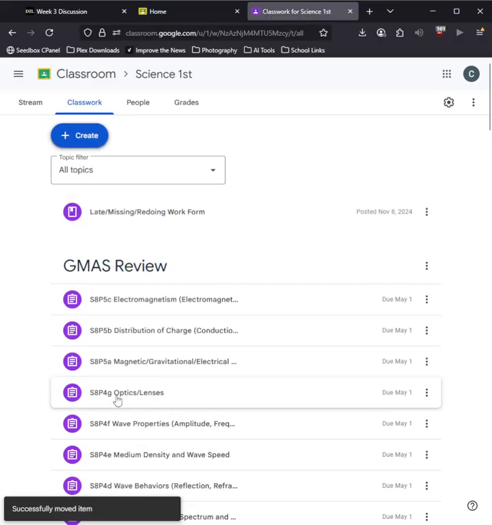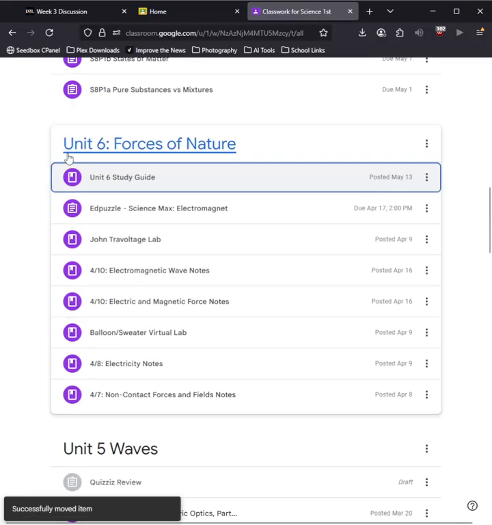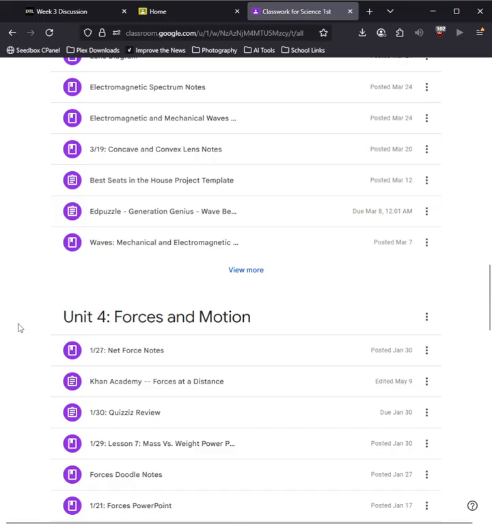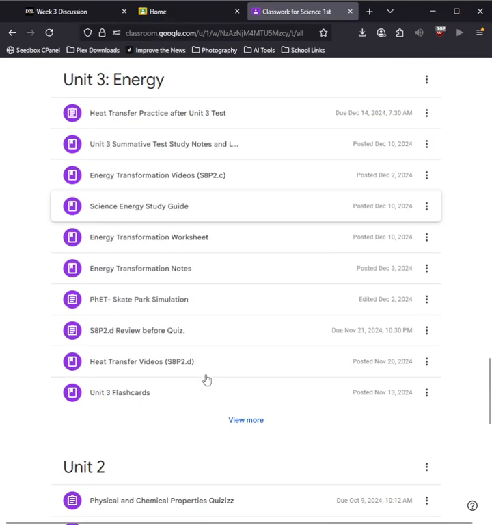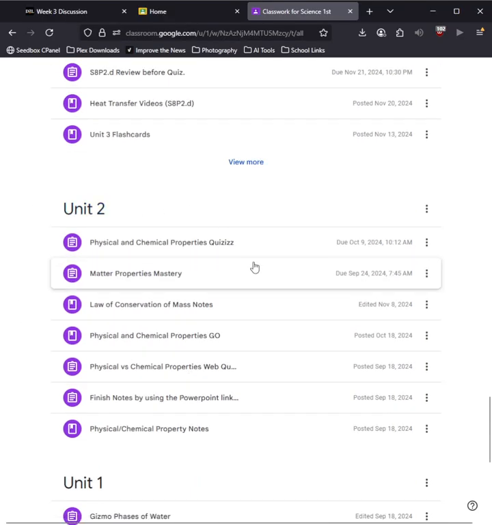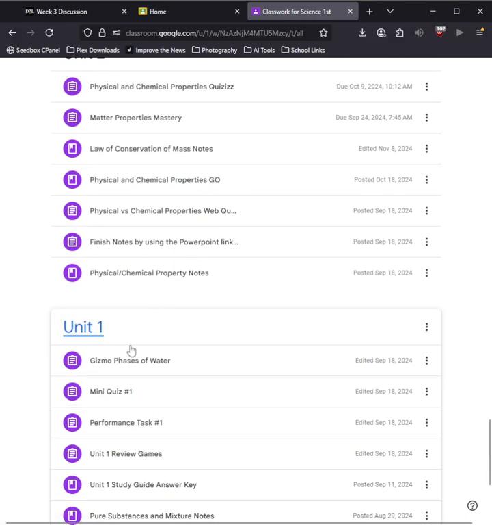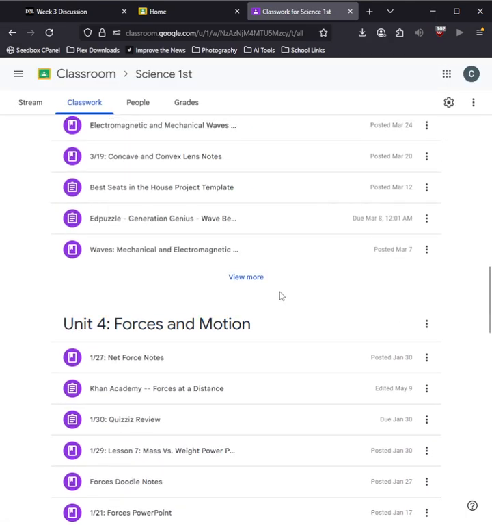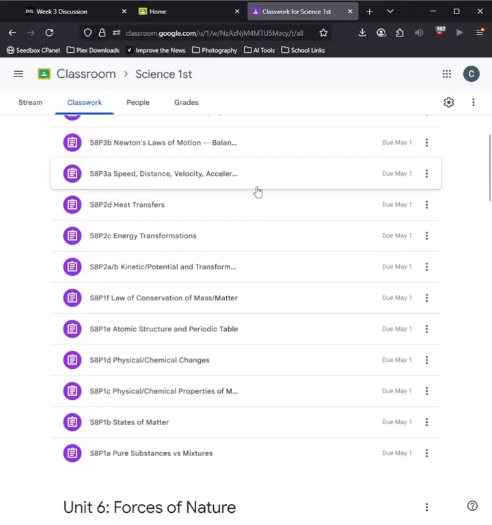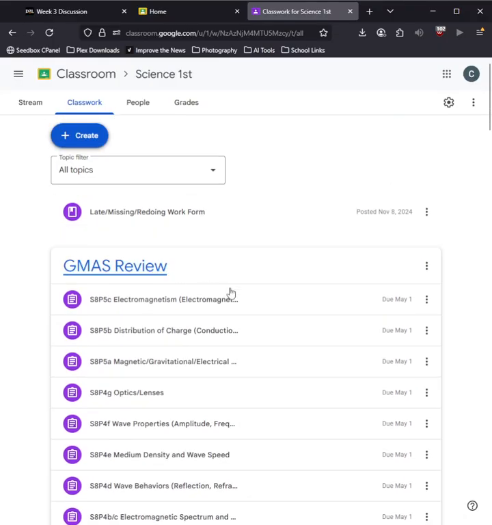It was after our GMAS review, we actually covered that. So you can see that I broke it down by unit. So GMAS review, there was Unit 6, Forces of Nature, Unit 5, Waves, Forces of Motion, Energy, Unit 2, which was going to be Properties of Matter, and then Composition of Matter for Unit 1. And like I said, we try to break it down, make it easy so the students don't get lost trying to find something that they already did.